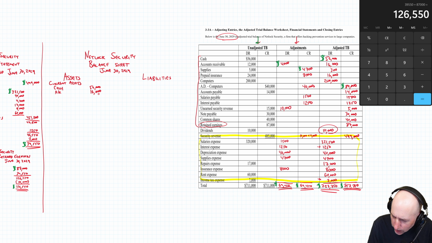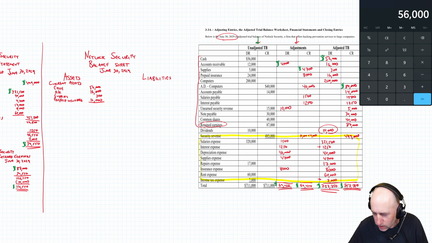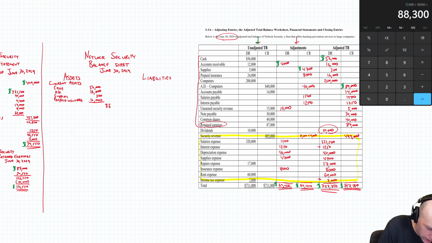Supplies, $300. And prepaid insurance, $16,000. So the total here, 56,000 plus 16,000 plus 300 plus 16,000 is 88,300. That is our total current assets.